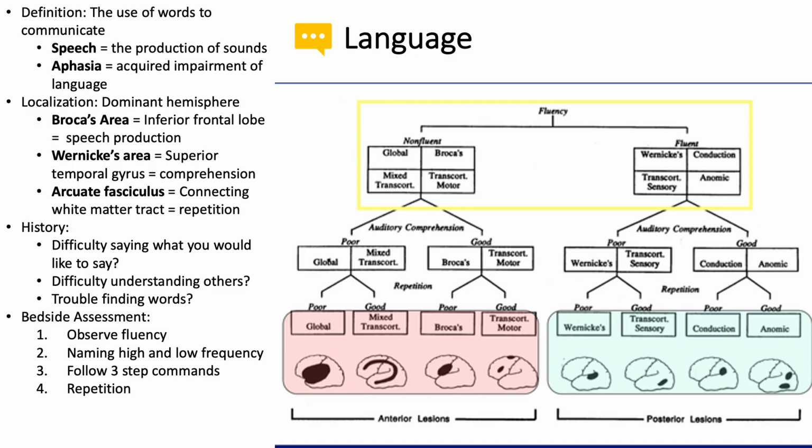Whereas if you have an injury that's predominantly affecting your Wernicke's area, which is in your superior temporal gyrus, you have difficulty with comprehension. And this will manifest itself in different degrees of aphasia, which is an acquired impairment of language.